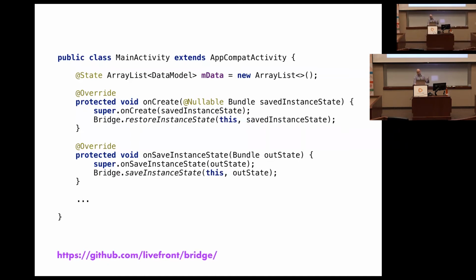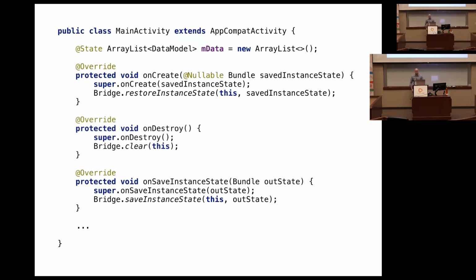Now, there's a few more pieces to Bridge I'll just talk about real quick. One of the things that I do that I didn't sketch out was trying to handle the clearing of data much more aggressively. Because if you can clear out data that you know you don't need as quickly as possible, then you don't have to worry about loading it when you come back. And that just reduces the amount of time you have to spend reading on the main thread.